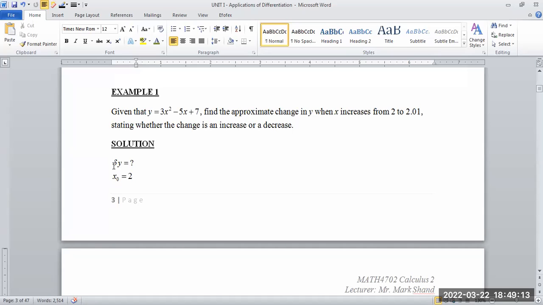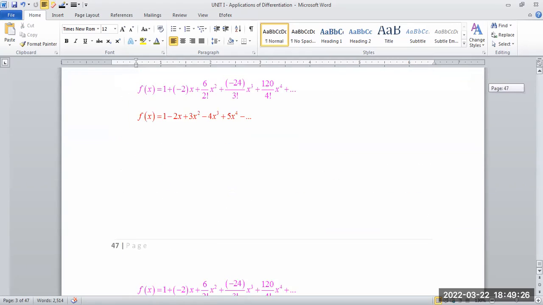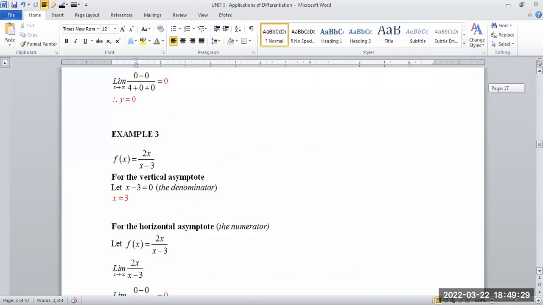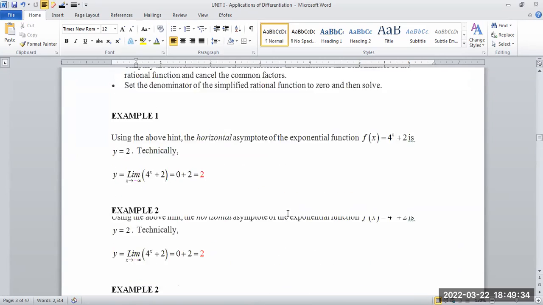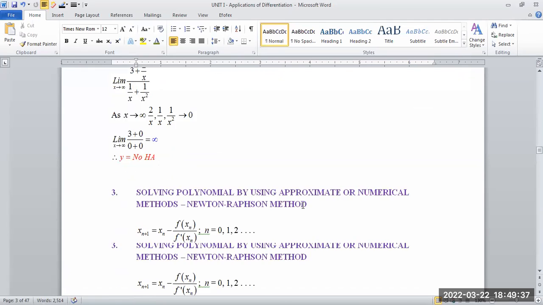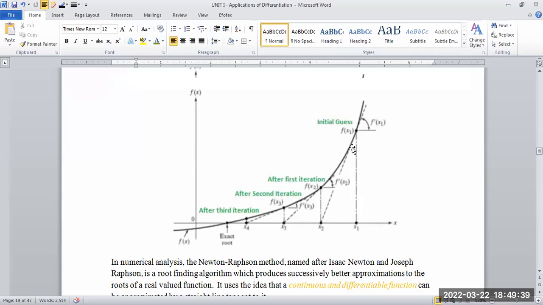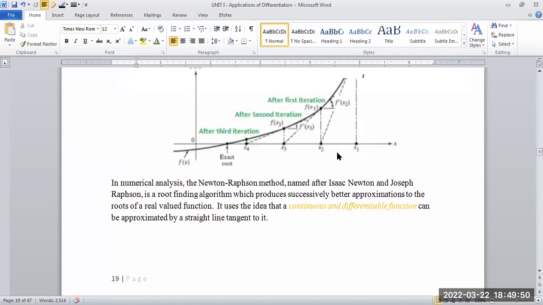Incidentally, you remember when I was doing Newton-Raphson with you? I think it's important for me to point it out. When I was doing Newton-Raphson with you, my initial one had x1.